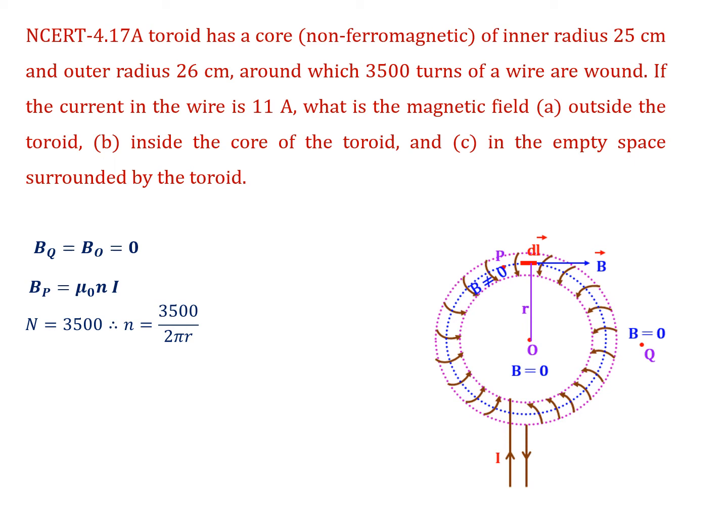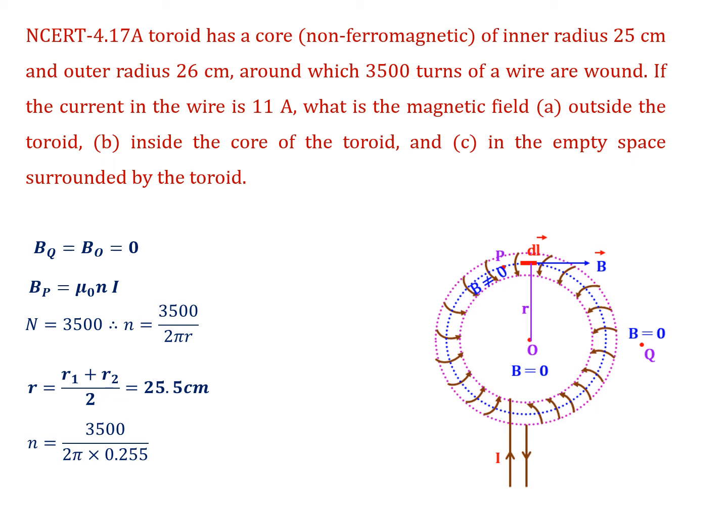Okay, so the inner radius is 25, the outer is 26, and hence the radius of the loop r will be taken as the average of r1 and r2, that is 25.5 centimeters. Hence we can find out the number of turns per unit length.